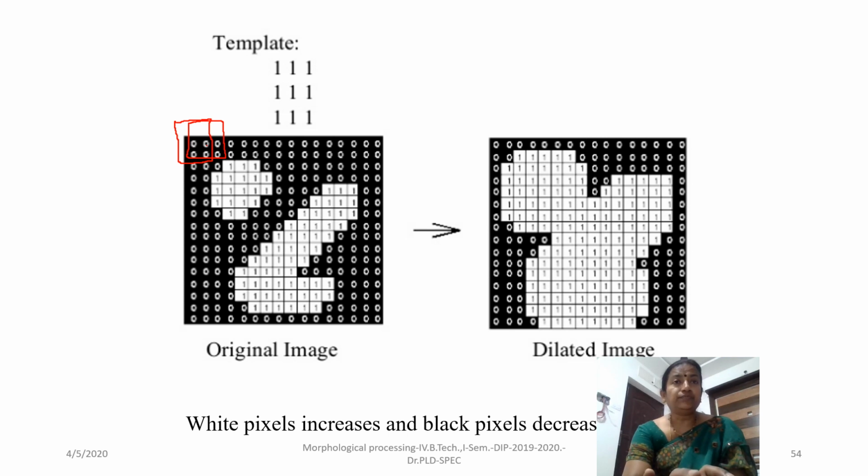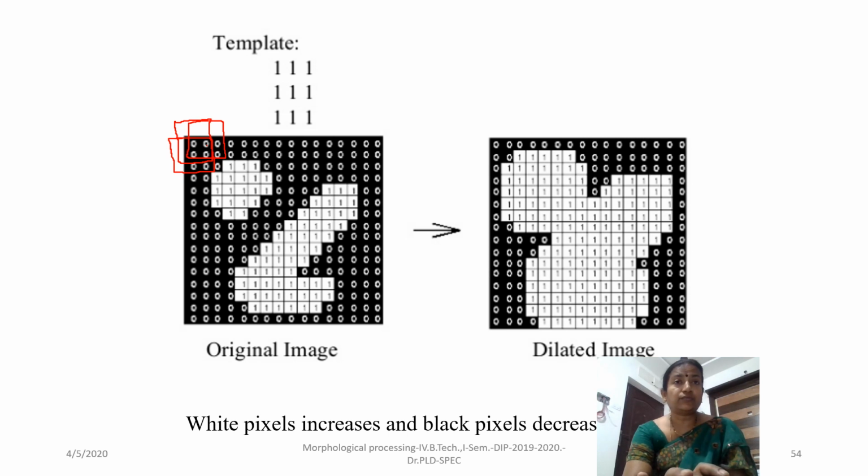Coming to the second row, first one, here we are going to place the structuring element like this. If I place the structuring element here, this is the center one. There are no pixels considered to be zeros, and all the pixels in this 3 by 3 are zeros, and there is no chance of overlapping with any of the pixel values of the structuring element.